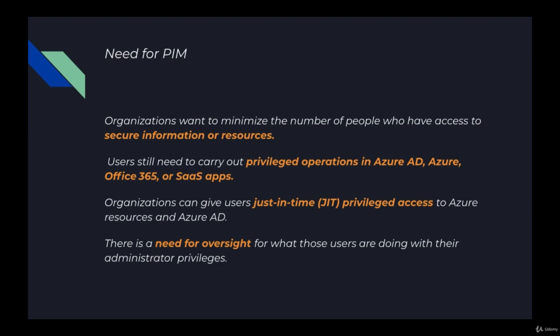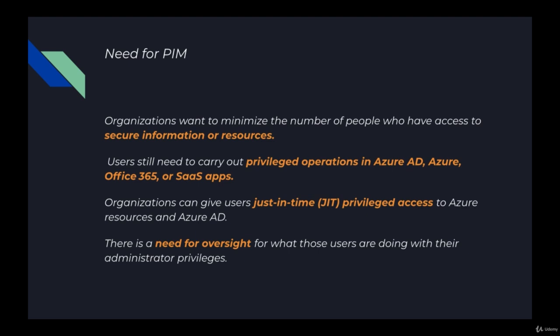And when such users are performing activities, there is also a need to oversee and monitor what those users who have access to such critical resources are doing, what kind of behavior they have, and whether they are using the resources appropriately.